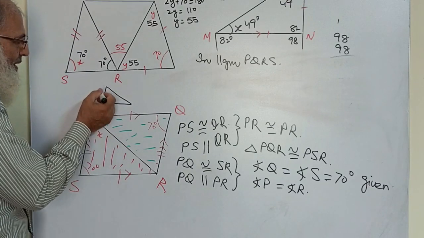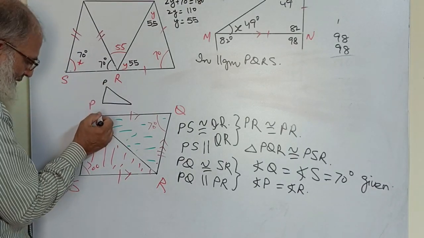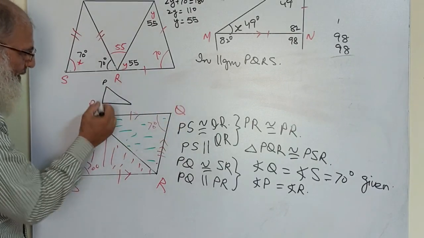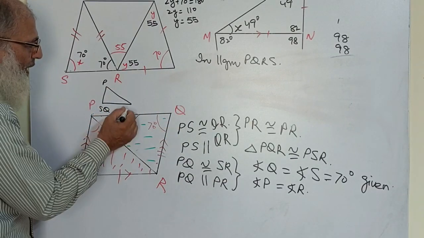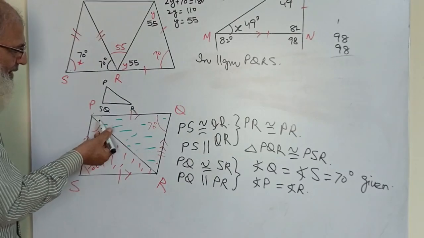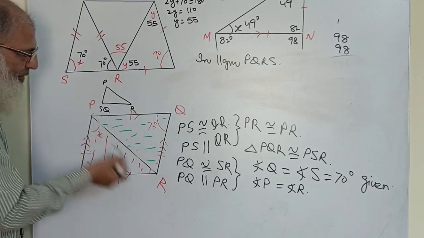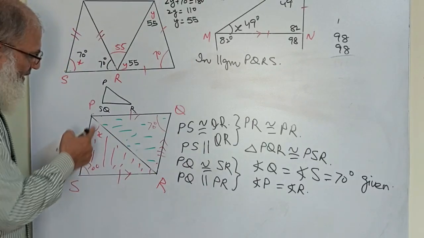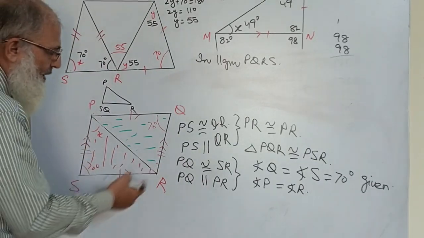That means this is P, this is S, and the other coming Q and R. So it does mean that this angle is divided equally.